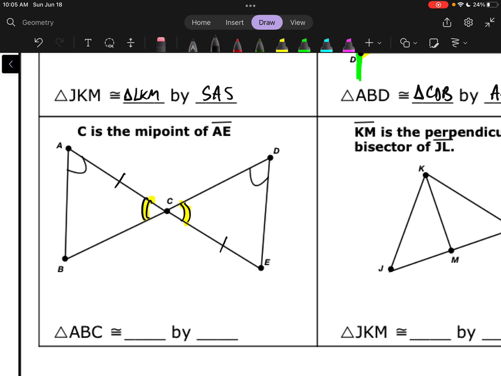So that gives us our third congruent thing. So now I can say triangle ABC congruent to, A is marked the same as D, so DEC by angle, side, angle.